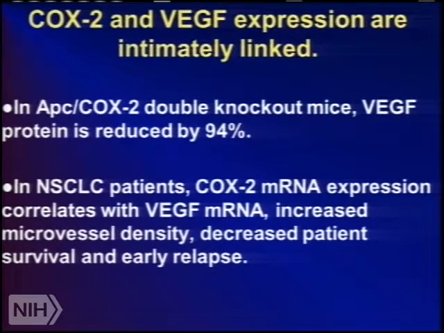So in terms of colon cancer, if they knocked out the gene for COX-2, VEGF protein was reduced by 94%. And in non-small cell lung cancer patients, increasing COX-2 mRNA correlates with increased VEGF production, increased microvessel density, decreased patient survival, and early relapse from cancer.